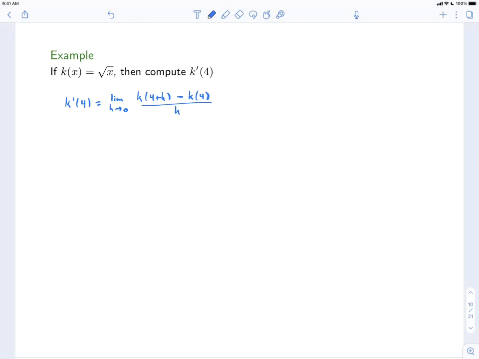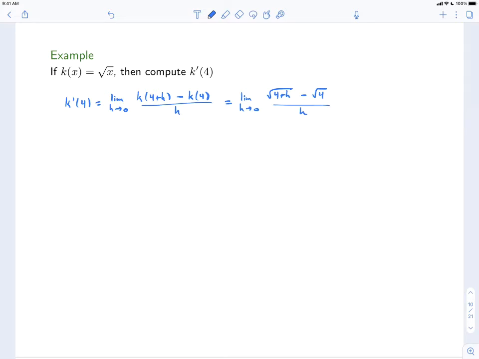Okay, well, k is the square root function, so whatever the input is, you just compute the square root of it. So we're going to have the limit as h goes to 0 of the square root of 4 plus h minus the square root of 4, which of course is just 2, divided by h.